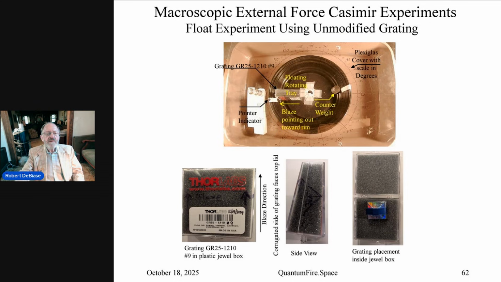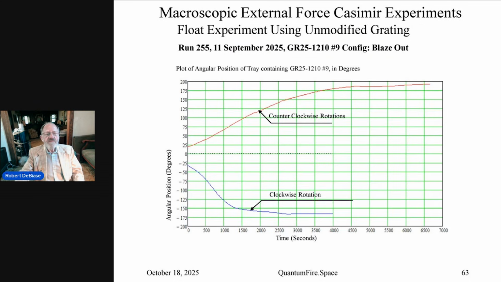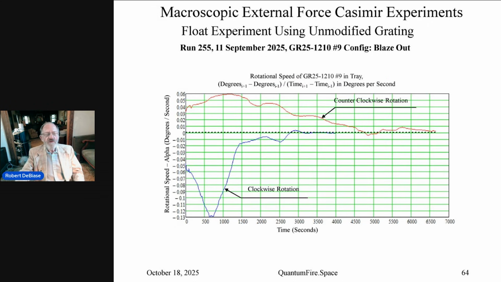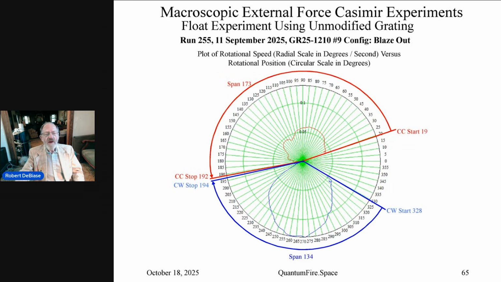All right, so we got the angular position versus time, angular velocity versus time, and here's the plot of angle versus angular velocity, and in this case, the clockwise. Yeah, this blue is the clockwise.